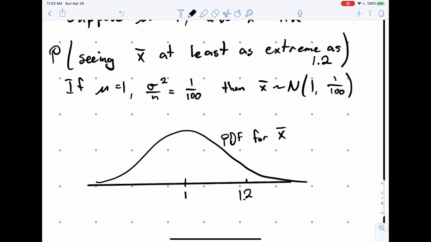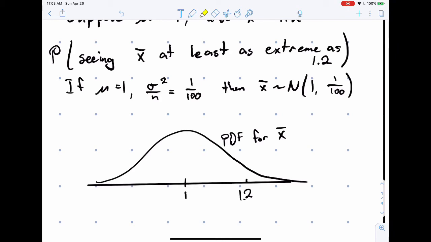So here's our probability density function for x bar. It is the normal curve that we've seen many times. We want to calculate the probability. So this is where we suppose the true mean is 1, but the value that we actually got in the data is 1.2. So what's the probability of getting something that extreme?